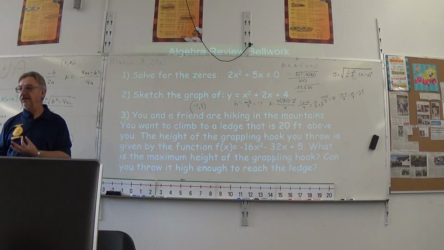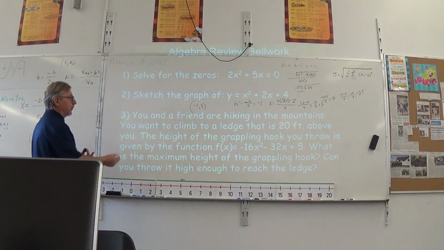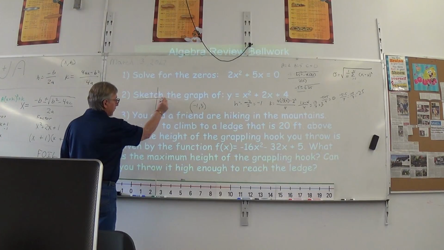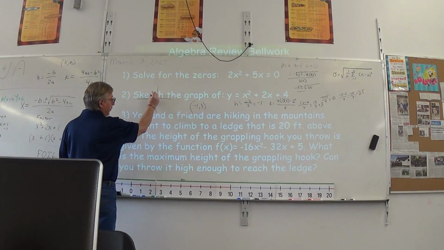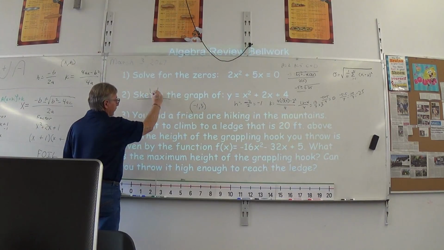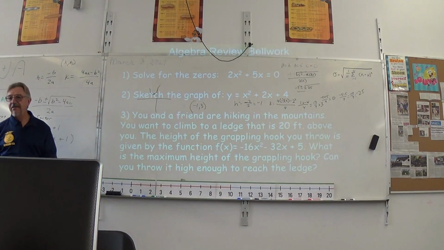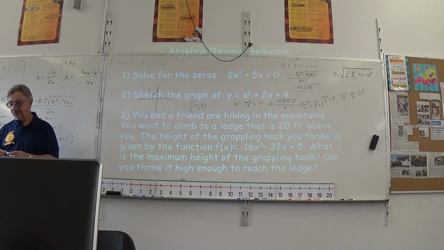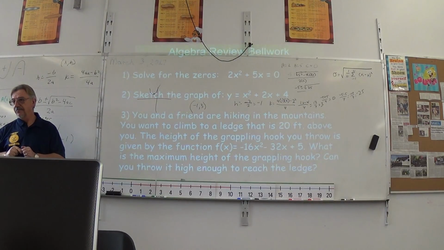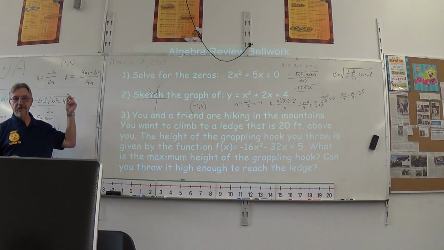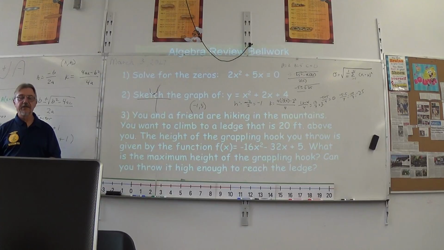Do I need to graph this? Am I going to look for my zeros? Because when I graph it, I'm going to be over here, and I'm going to make a U. So I'm not going to have any zeros, because it's not going to intersect the x-axis. So look for your vertex first.